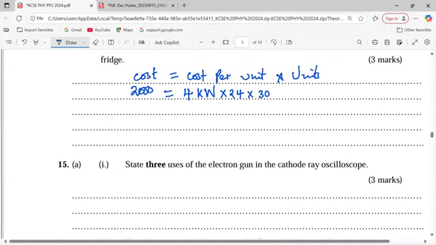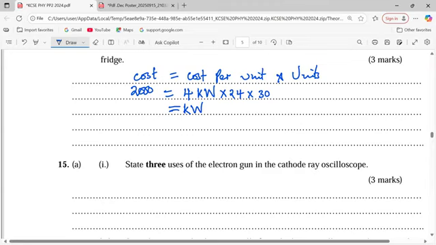So we can get the kilowatt hours, or rather the power. 2,000 should be divided by 4 times 24 multiplied by 30.